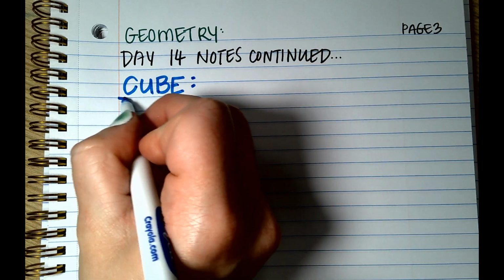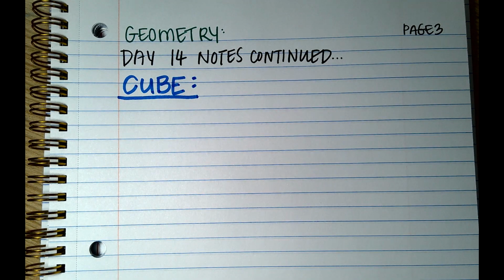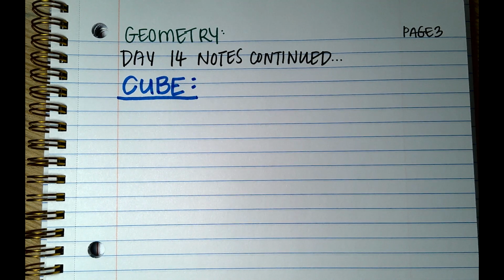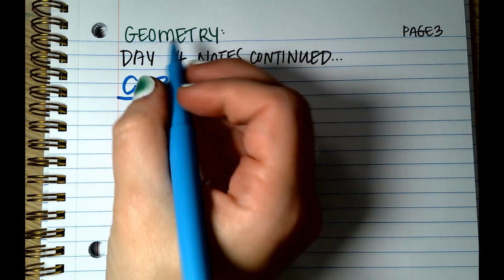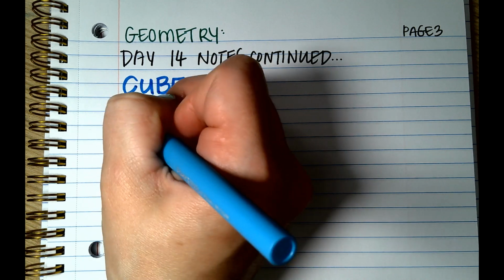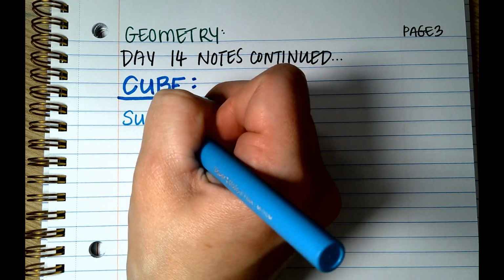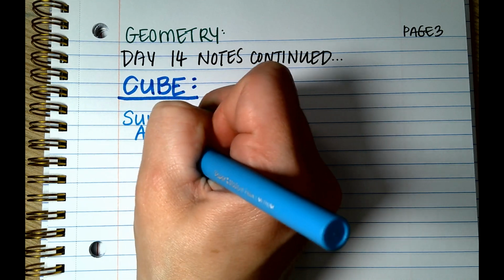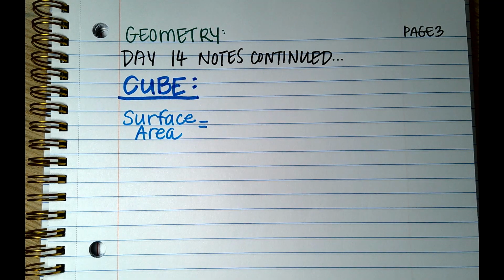Cube. For surface area, we do have a formula, and that formula might look strange at first, but we can talk about it.